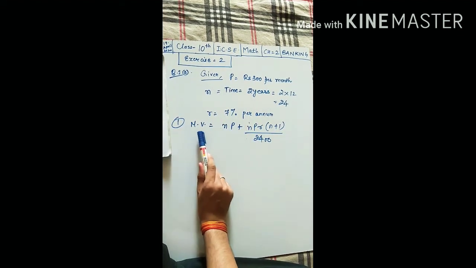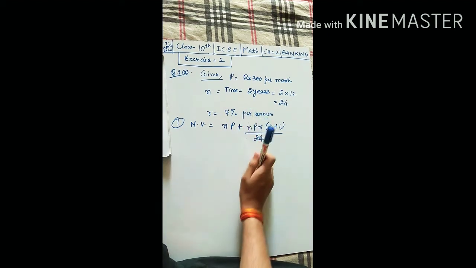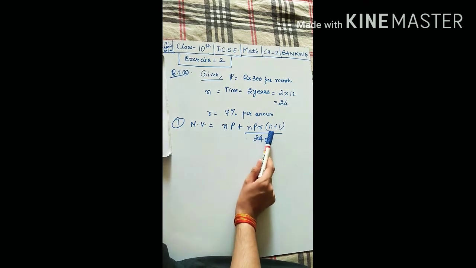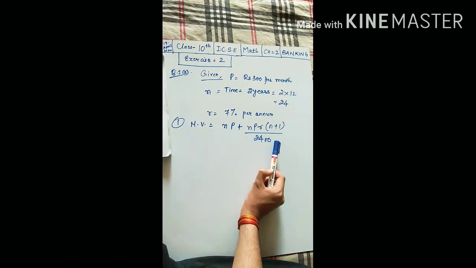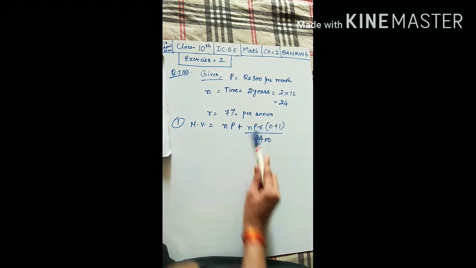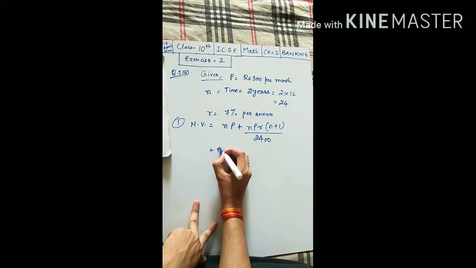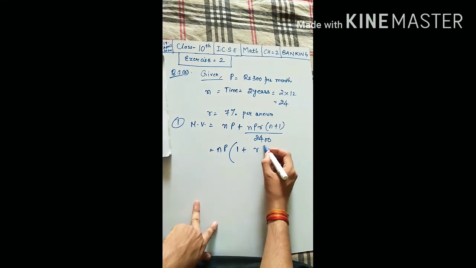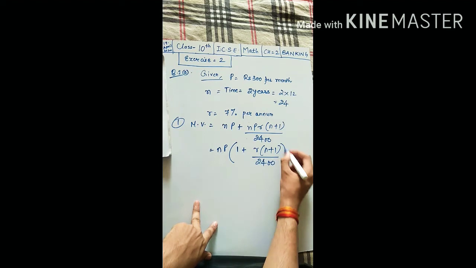Okay, maturity value. Now as we have seen the formula, maturity value is nP plus nPR times n plus 1 upon 2400. We can do one thing, we can take nP common from both. So nP we have taken common, 1 plus R times n plus 1 upon 2400.